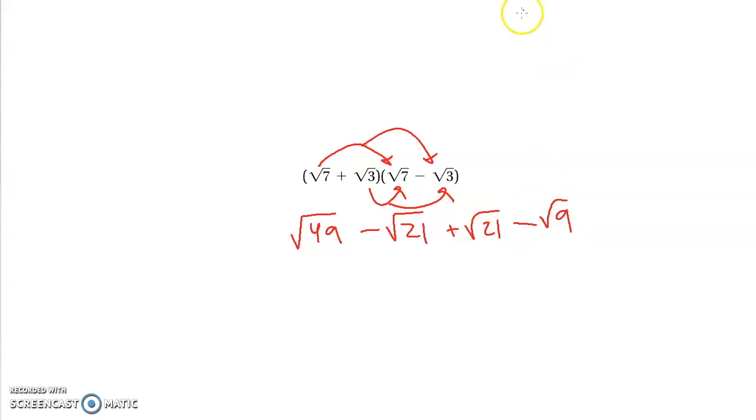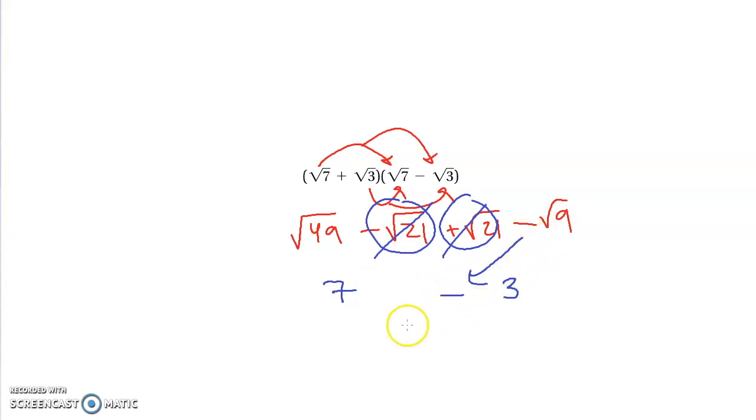I note that these two guys in the middle are like terms and they in fact cancel each other out. One's negative, one's positive, and left over I have the square root of 49, which is just going to be 7, minus the square root of 9, which is 3. 7 minus 3 is 4, and this whole thing turns into a rational number, where we had square root 7 and square root 3, which were irrational, multiplied by its conjugate gives you a rational number.